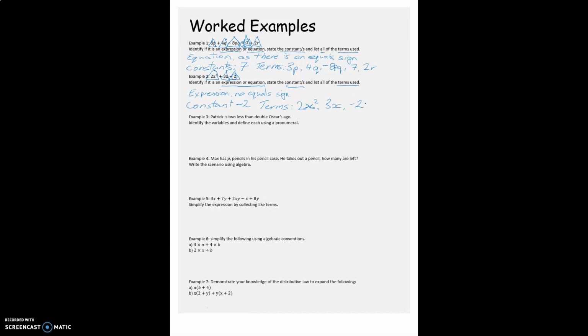Okay, next question. Example 3. Patrick is 2 less than double Oscar's age. Identify the variables and define each using a pronumeral. So in this particular example, variables would include Patrick's age, and Oscar's age.